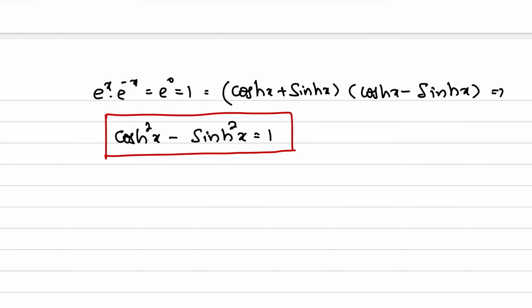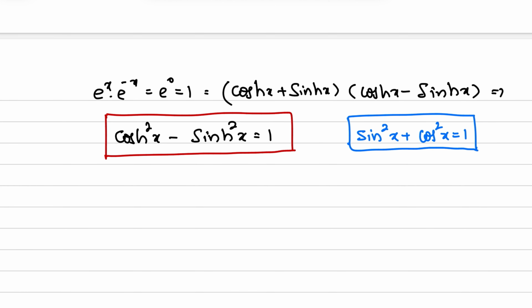A very important identity in hyperbolic functions. It is the unit hyperbola. Whereas in the case of the unit circle, trigonometric functions, sin square x plus cos square x is equal to 1. Please remember this. If you see the similarity, there is one minus sign here and the minus sign is not there. That is a sum of two squares; it is the difference of two squares.